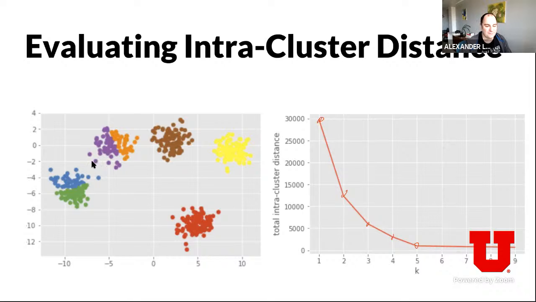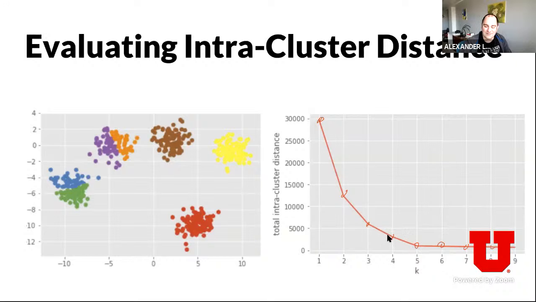And then something interesting happens. In most cases, you will see this knee here, this flattening. If you add new k's, then you won't see a decrease in the total intra-cluster distance as quickly. That's a sign that you've reached a good point for k.